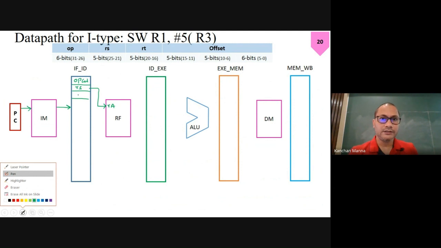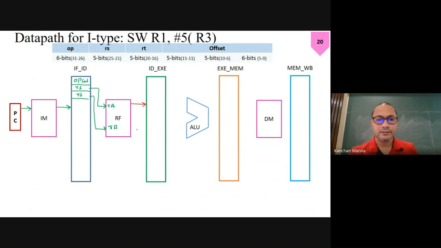Also RT we need, let's say that is RB. Now here we'll have RS data and then RT data, got it. And now also we need the offset.